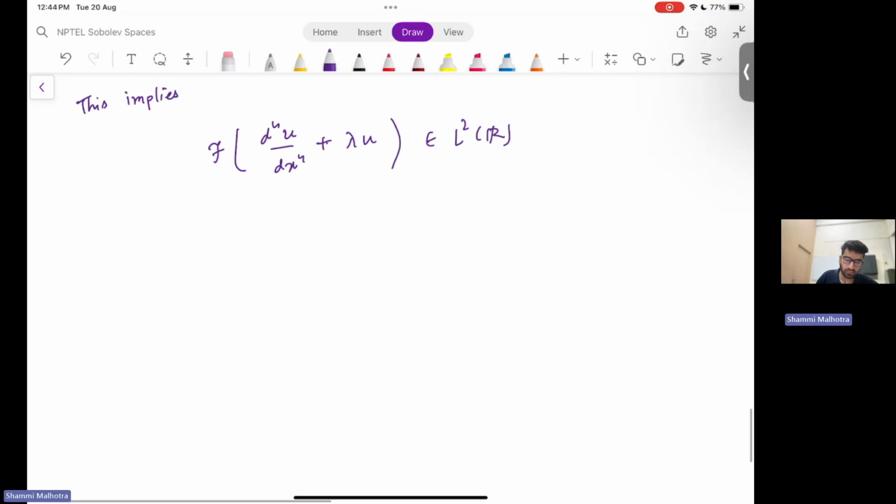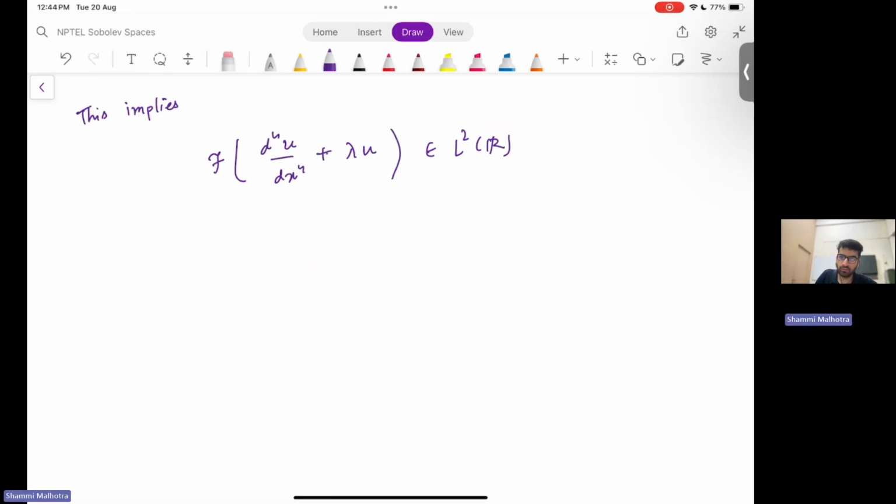We have seen the formula that when we apply a Fourier transform to the derivative, it turns out to be a polynomial factor multiplied with the Fourier transformation of our original function. This is nothing but (i 2 pi xi)^4 u hat plus lambda u hat is in L2(R). So this is the property we're just using here.